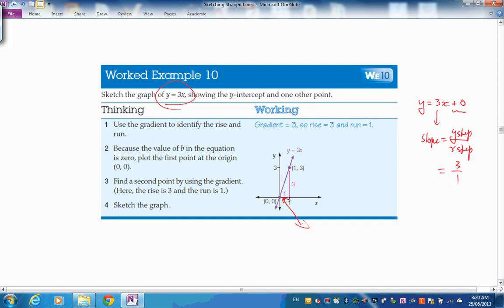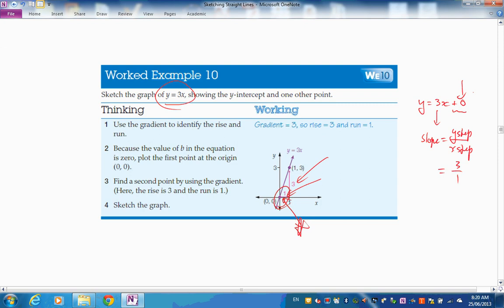So we go to 0, 0 down here, we go across 1 and up 3. So that's a special case of those lines that go right through the origin, and so they don't have any number on the end, so the y-intercept is at 0.